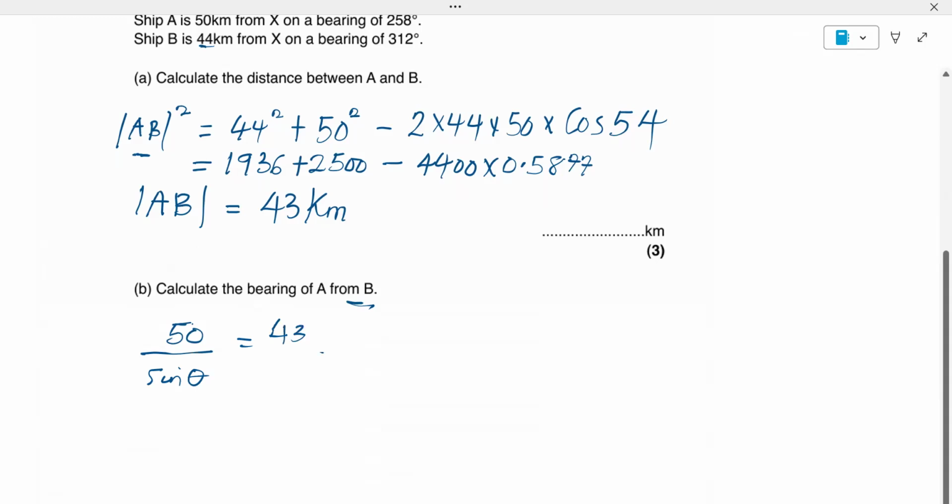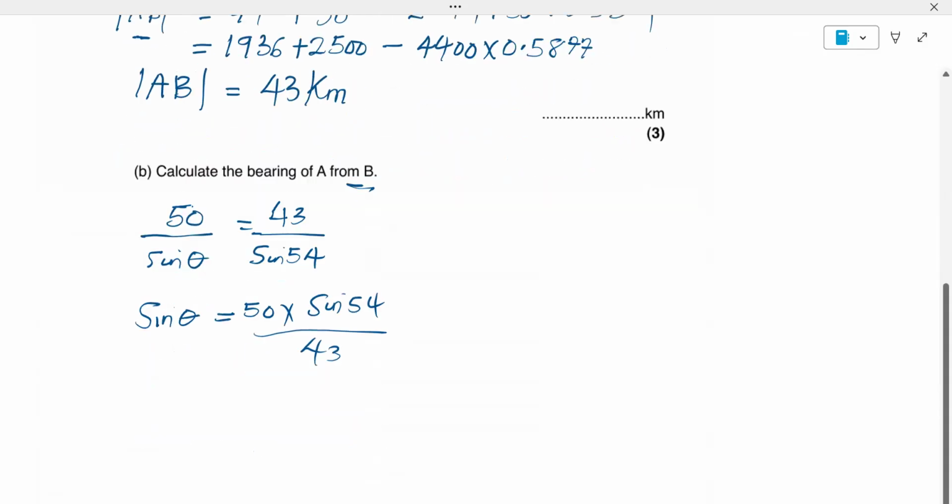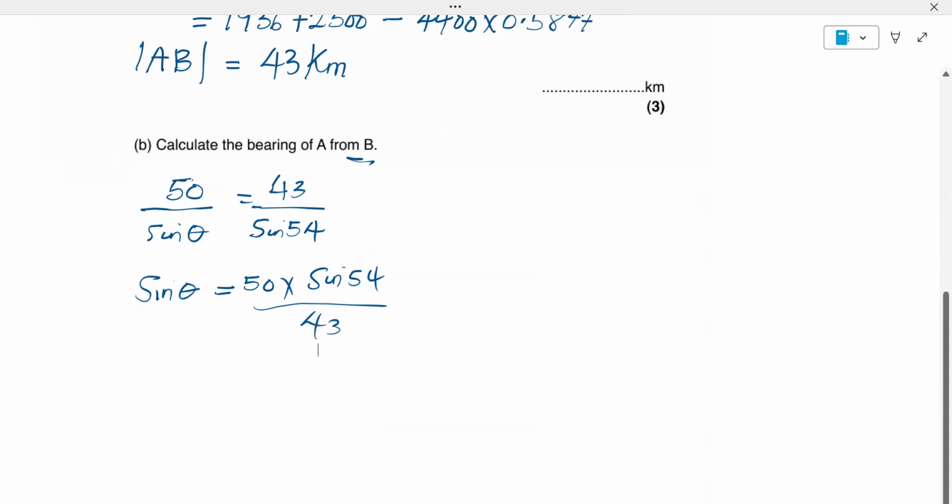And the angle facing it is what? 54. So 50 over sine 54. So we can now say the value of sine theta is equal to 50 multiplied by sine 54 divided by 43.